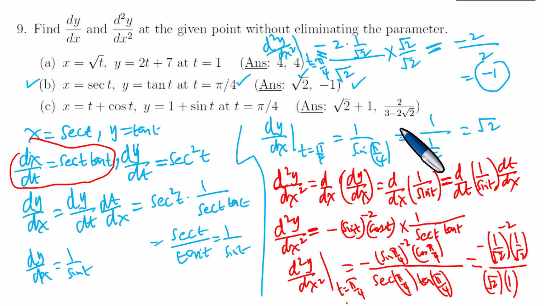So d squared y over dx squared is actually a minus 1 there. What is the last question here?